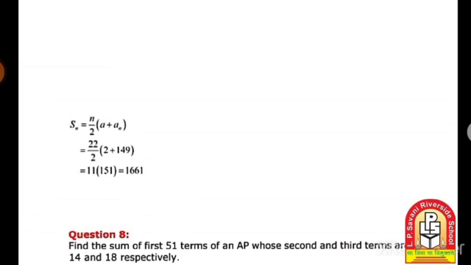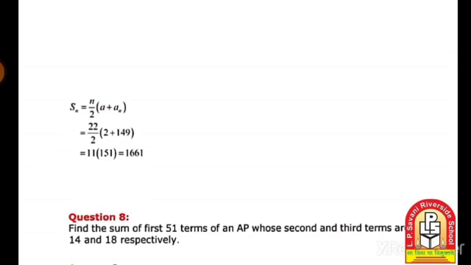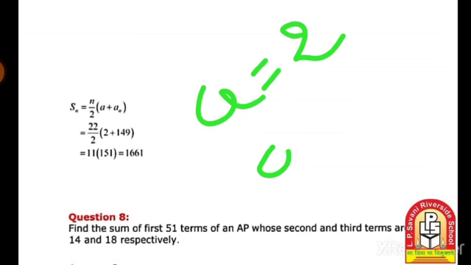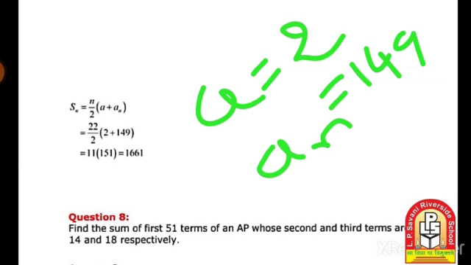Then we know the first term a is equal to 2 and the last term an is equal to 149. So put the values in Sn is equal to n by 2 in the bracket a plus an. So n is equal to 22 by 2. a is equal to 2 and an is equal to 149.